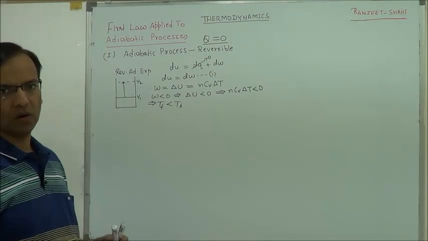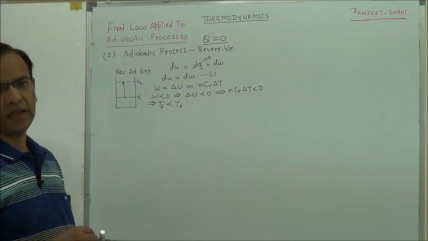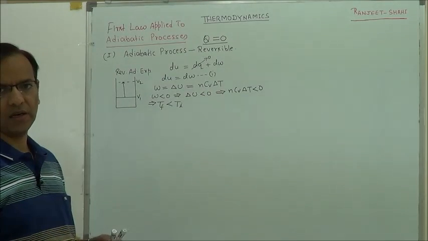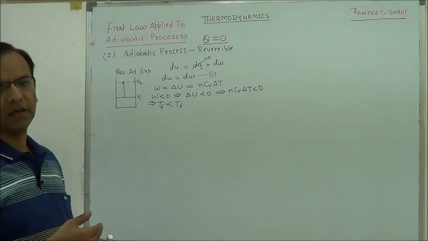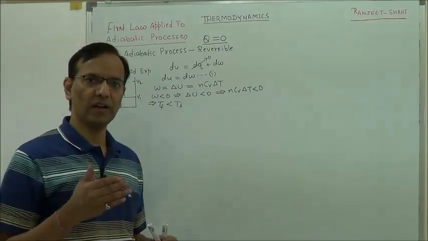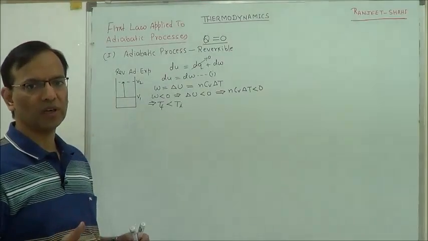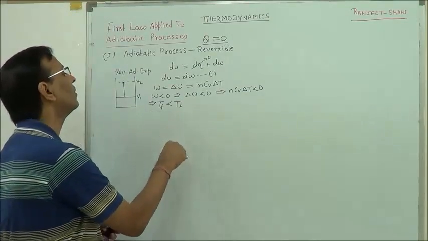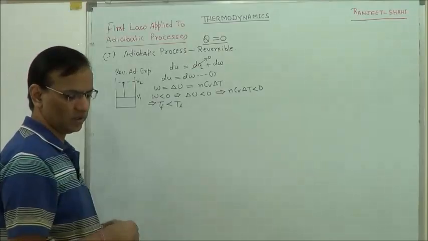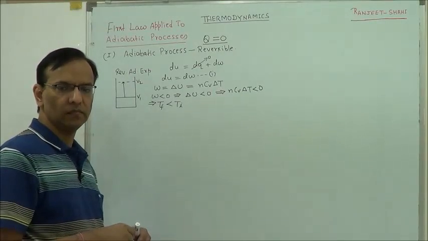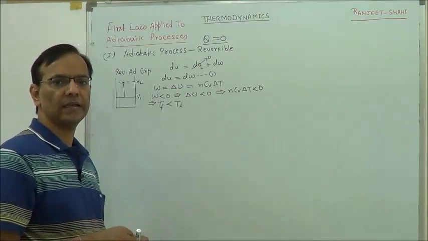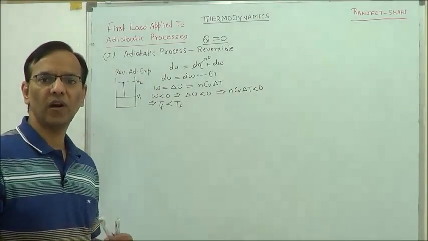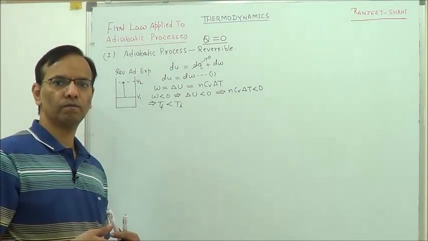As we all know that internal energy is directly related to temperature, and we are saying that internal energy of the system will decrease, therefore temperature must decrease, which we have proved mathematically also: in an adiabatic process, if expansion occurs, it occurs at the cost of internal energy and the gas will undergo cooling.